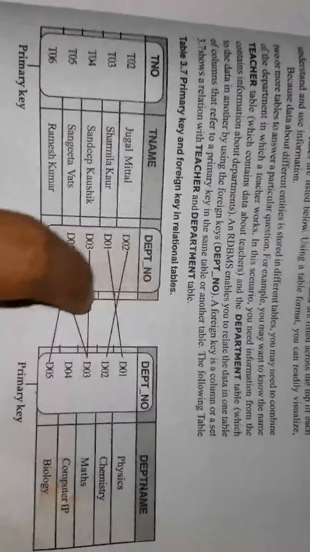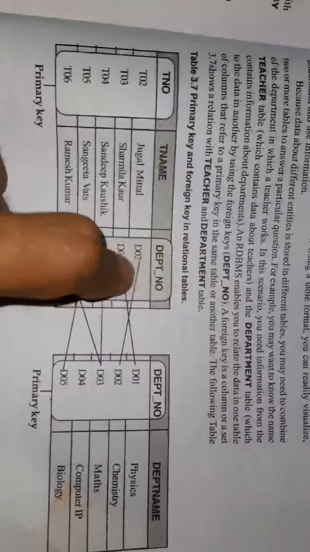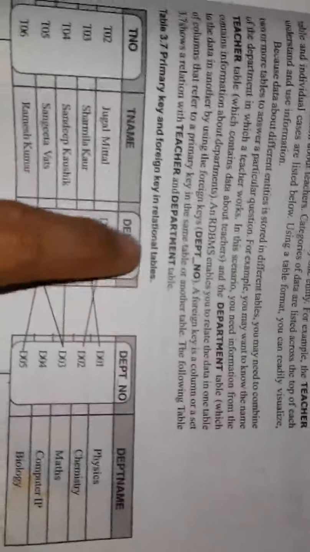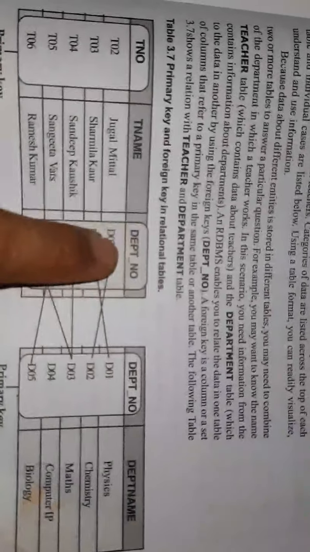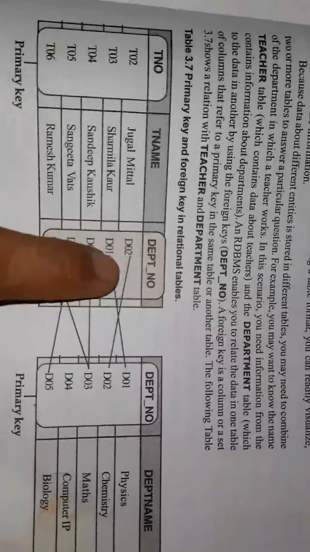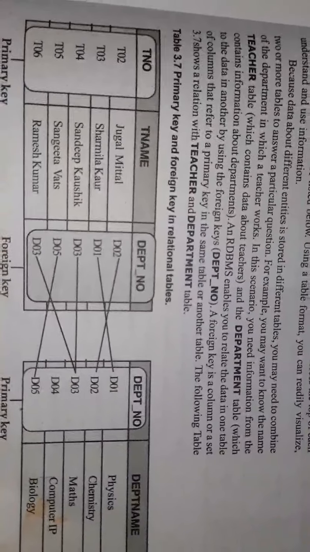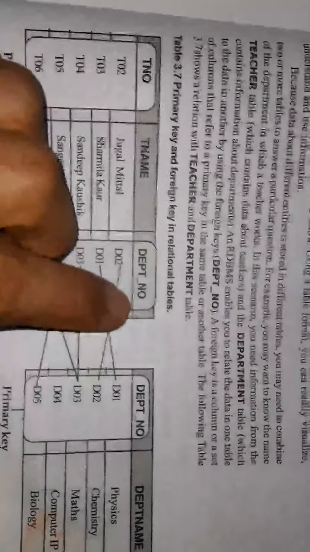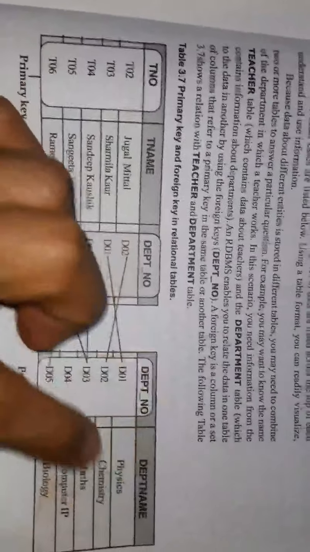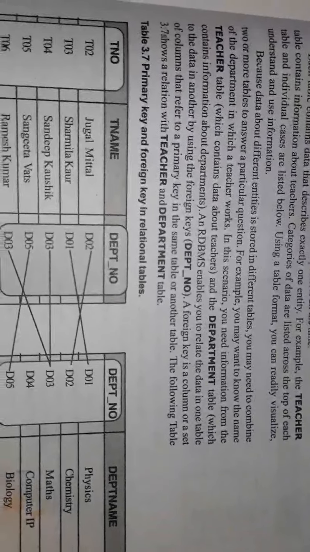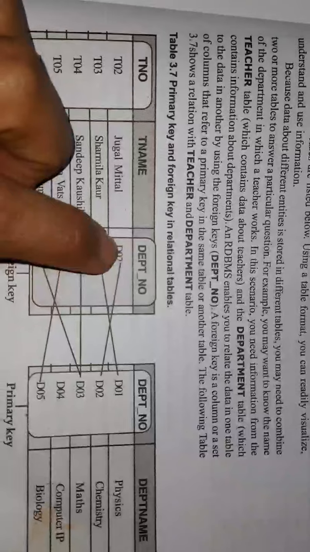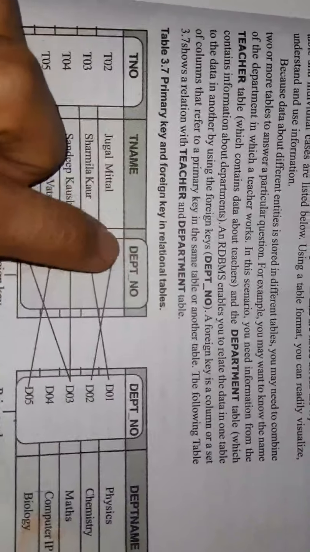The department number, if this table is not there, will have no relevance for this teacher table, because department number D02 will not tell anything. If this department table does not exist, how will anybody know which department this teacher belongs to?